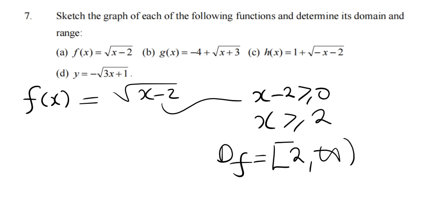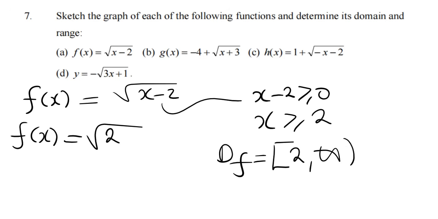What about the range? Because they're asking us to also find the range. Now, for the range, the lowest value of x that you can have is 2. So in the equation, put a 2 and solve, so that you find the value of y. So f of x is equal to the square root of, where there's x, the lowest value of x you can have in the domain is 2.